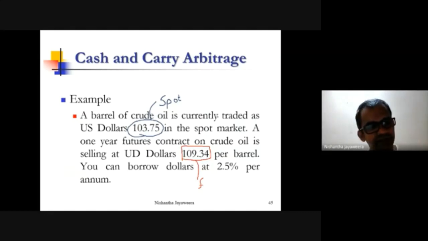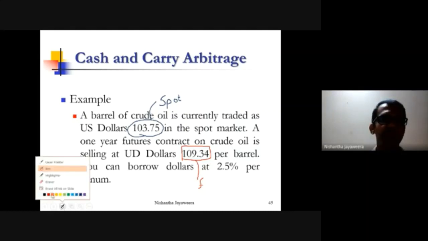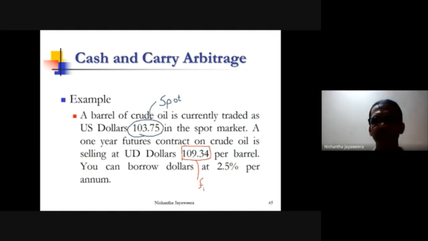How do you identify whether there is any arbitrage opportunity? Can you remember what we did in foreign exchange? When the spot rate and the two interest rates are given, and the forward market rate also given, what is the first step that you do to identify whether there is any arbitrage opportunity? This is the futures price, market price.